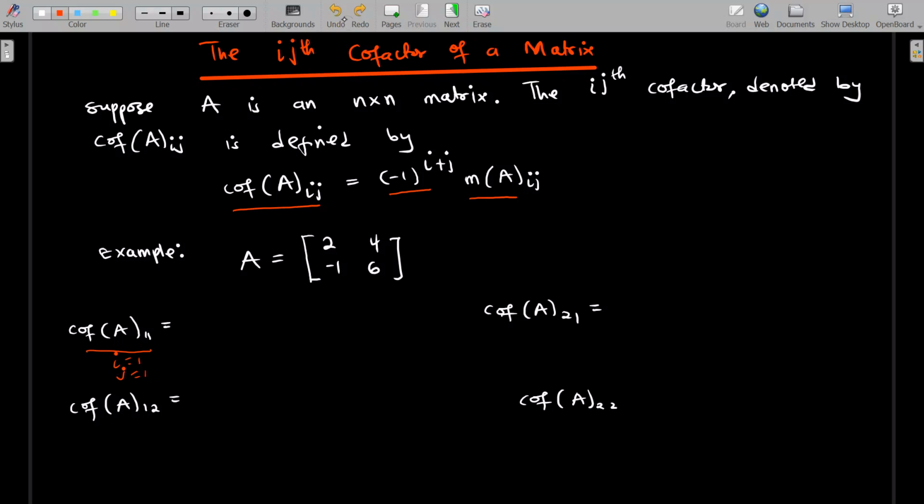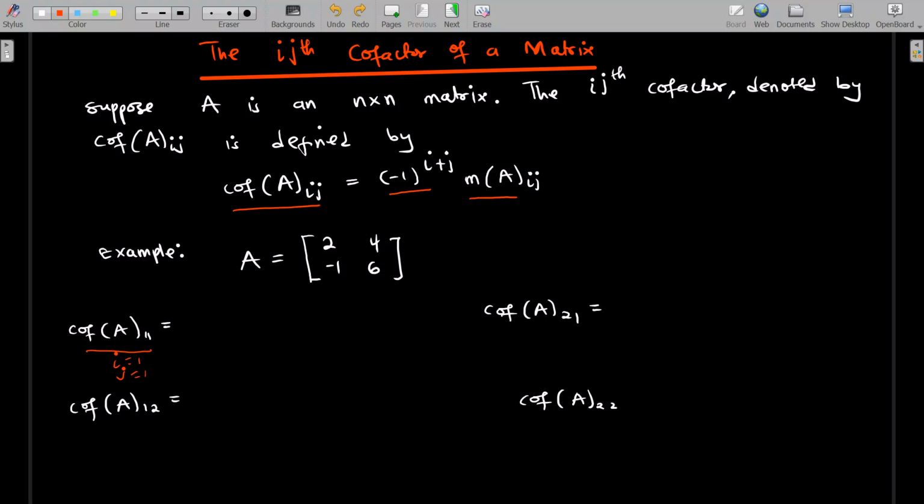The minor I'm supposed to look for: I have row 1 and column 1, so I'm going to cancel row 1, column 1 of this matrix, and find the determinant of the sub matrix that will be left to be my minor.